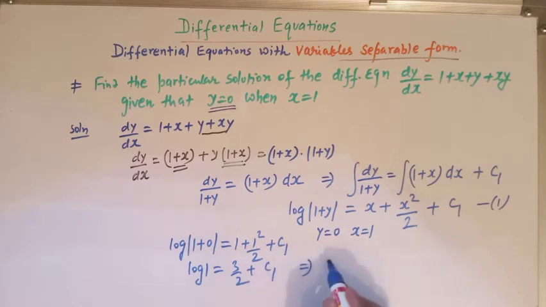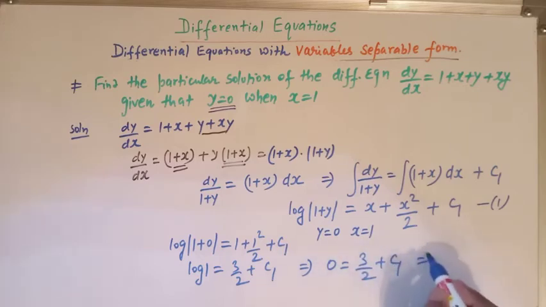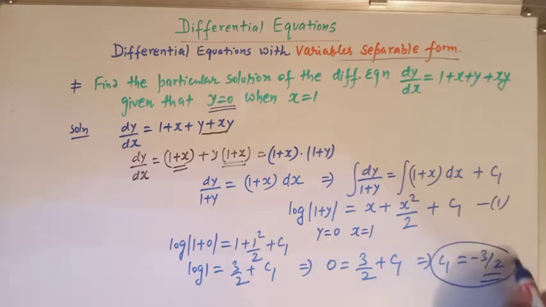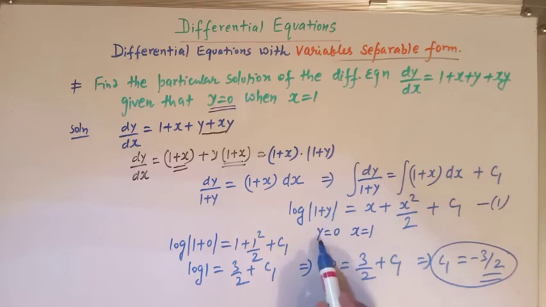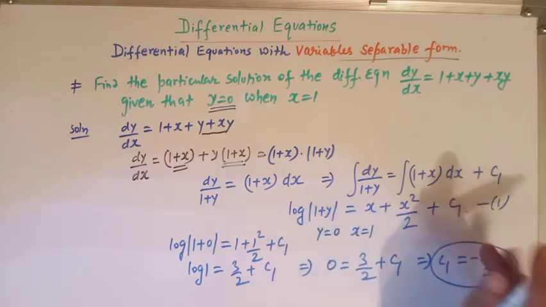Log of 1 is 0, so we have 0 equal to 3 by 2 plus c1, and c1 is minus 3 by 2. Clear? Now this is the value of the constant of integration when y is equal to 0 and x is equal to 1. This is the general solution.